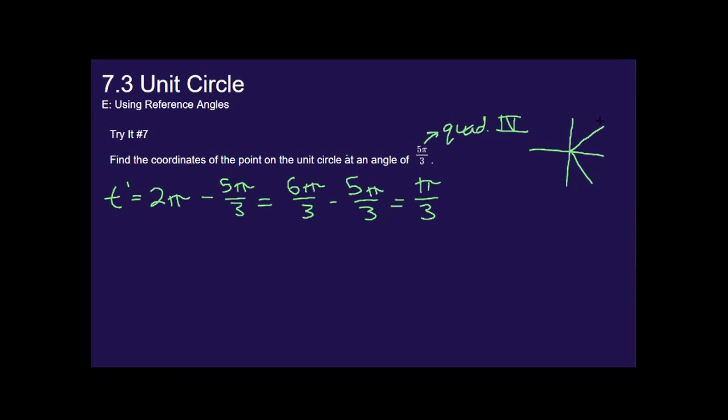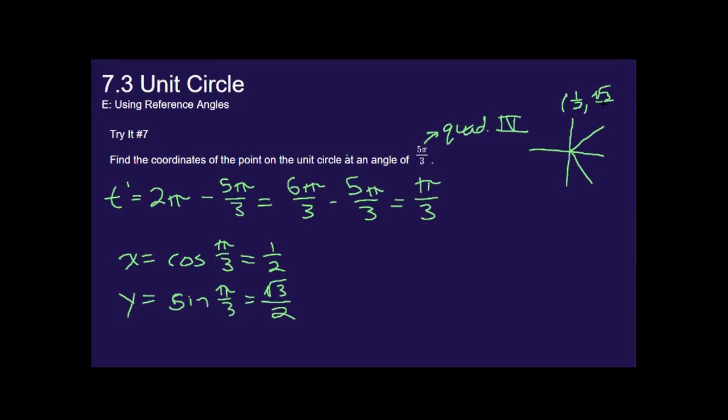Okay, so we're going to find the coordinates of this reference angle, and then we'll know the coordinates of our original angle. The x of our reference angle is equal to cosine of pi over 3, which is equal to 1/2. And the y of our reference angle is sine of pi over 3, which is equal to the square root of 3 over 2. So this coordinate is 1/2, square root of 3 over 2.